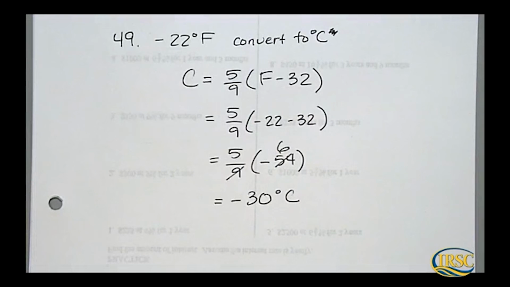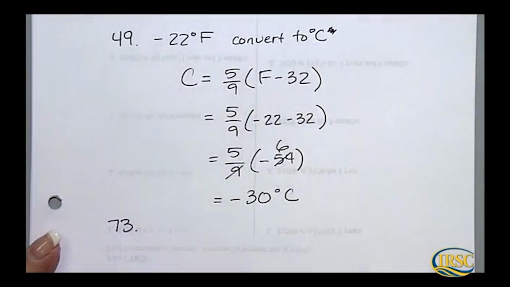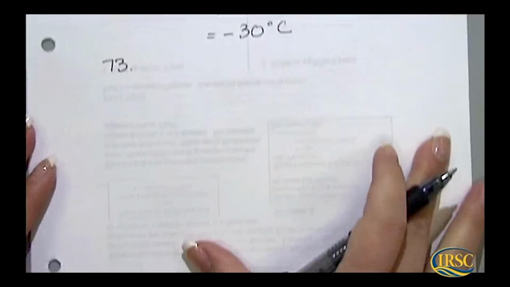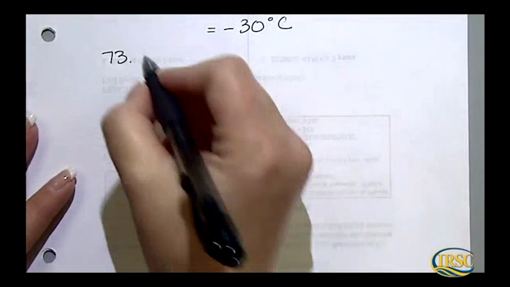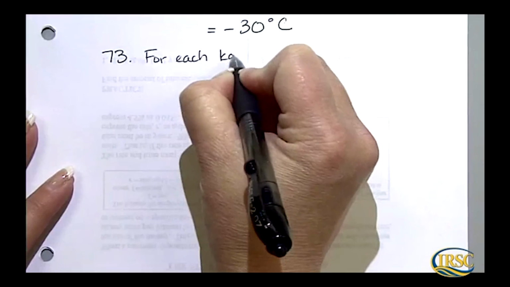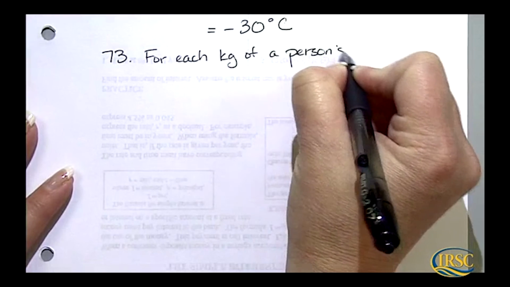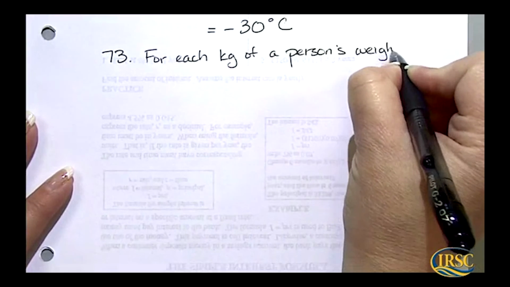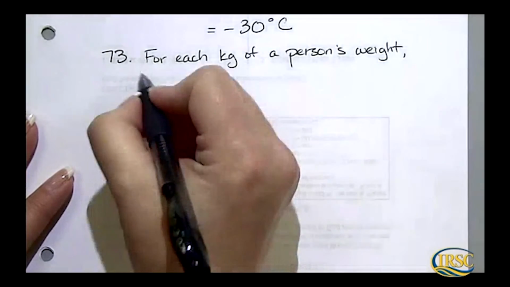Then number 73. It says for each kilogram of a person's weight, so this is similar to the one I did in class, 2.5 milligrams of a drug is to be given.